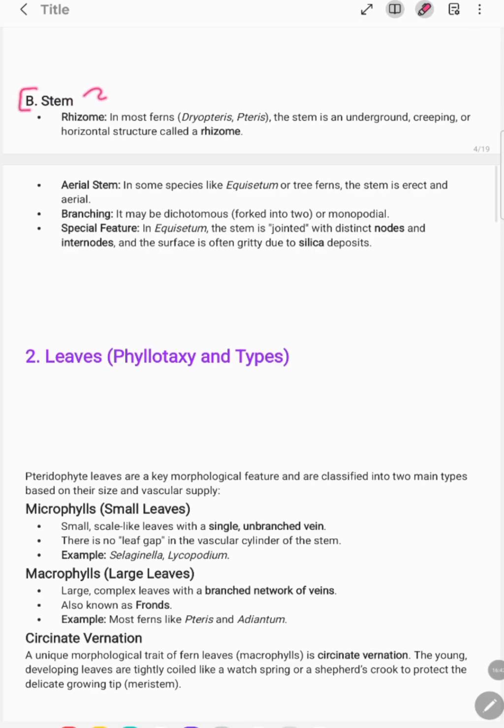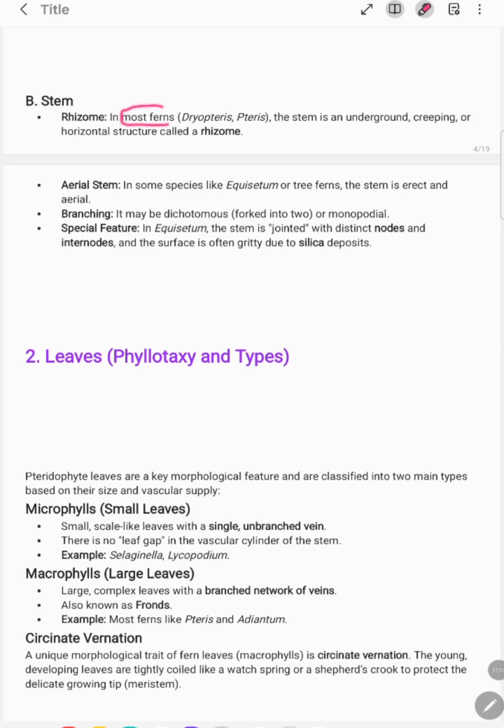Now we are going to understand the stem of pteridophytes. The first point here is the rhizome. In most ferns, which are examples of pteridophytes and include Dryopteris or Pteris, the stem is an underground, creeping or horizontal structure.